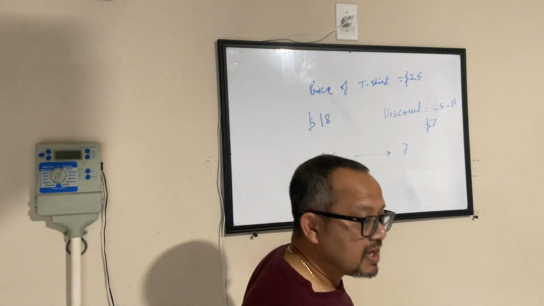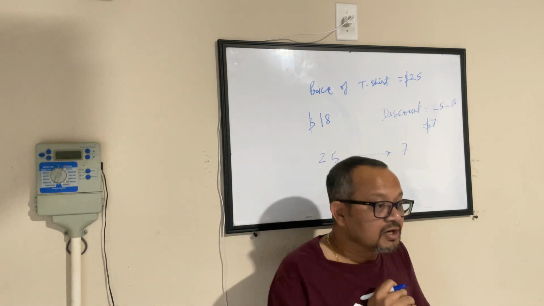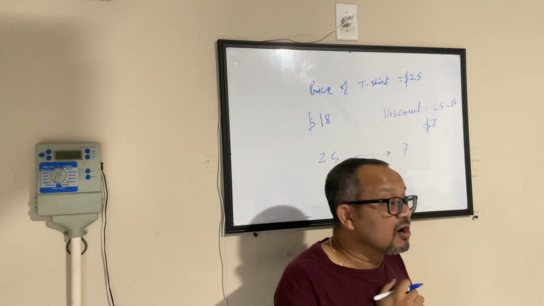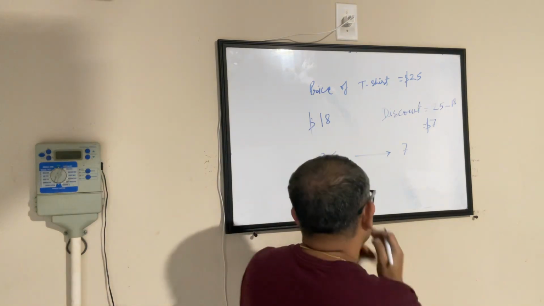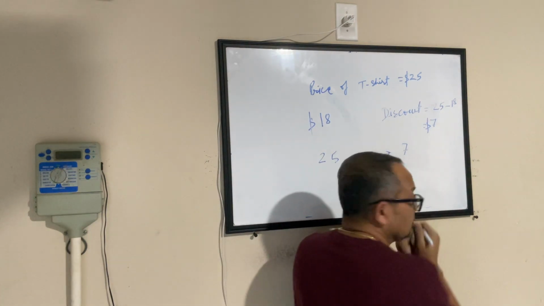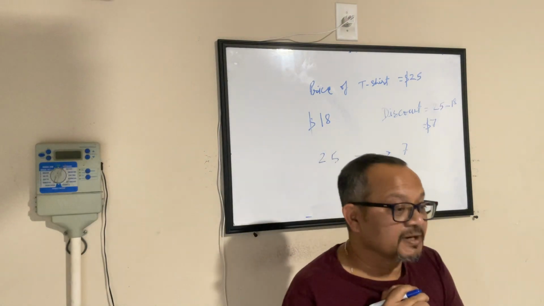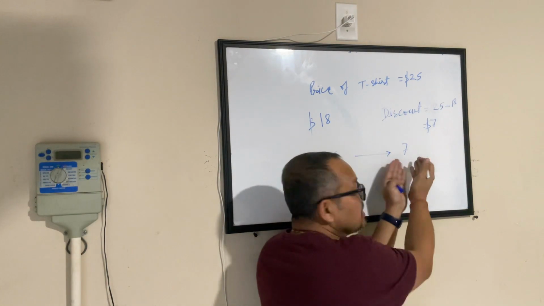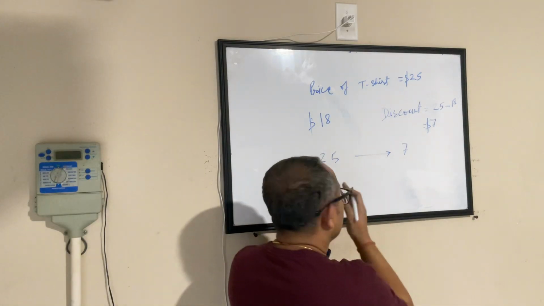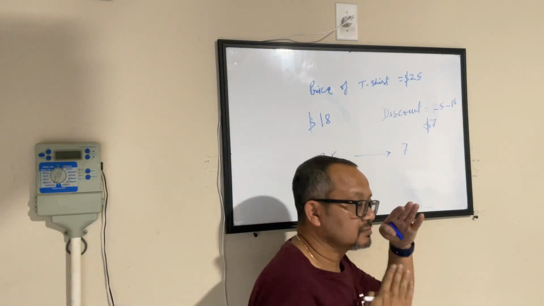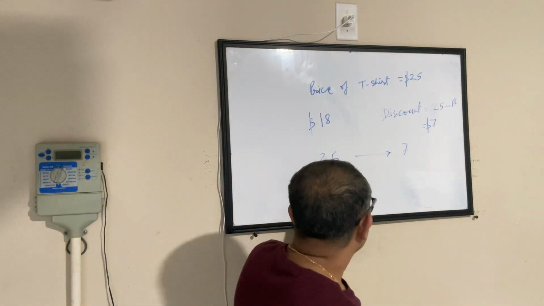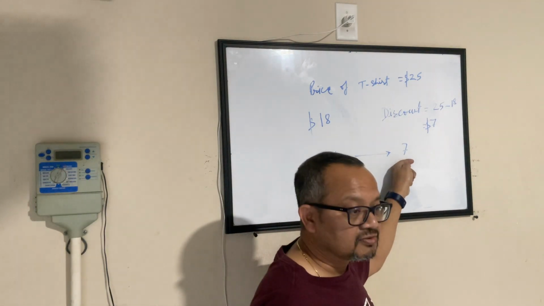I picked up a t-shirt worth $25 and I'm getting a $7 discount. Meaning for a $25 thing, I'm getting a $7 discount. We are trying to find out how much percentage discount I'm getting. Meaning per 100, I'm getting how much? I'm trying to find out percentage per 100. Meaning for every 100, how much discount am I getting? For $25 I'm getting $7 discount.